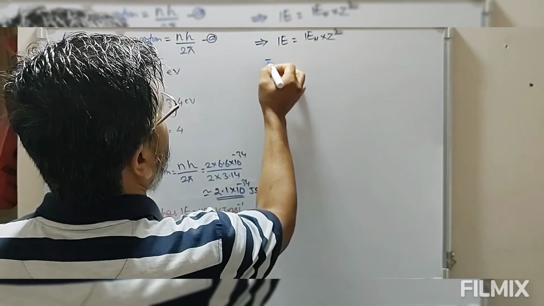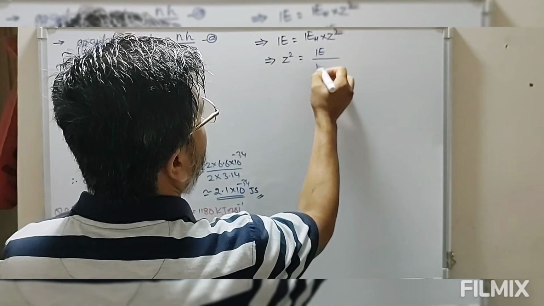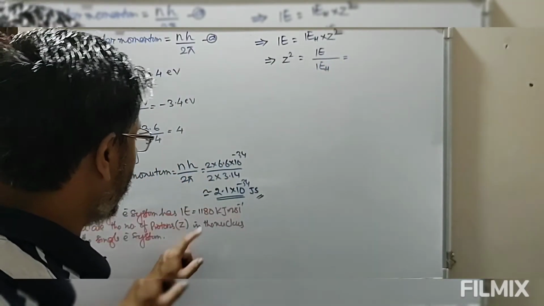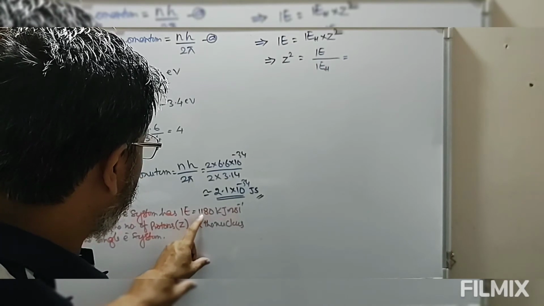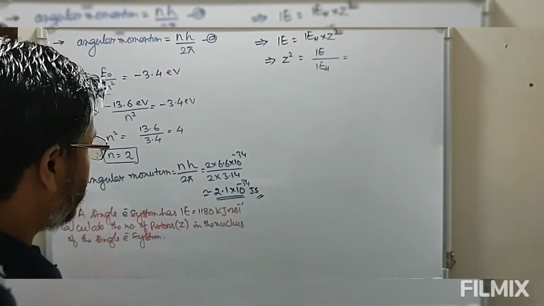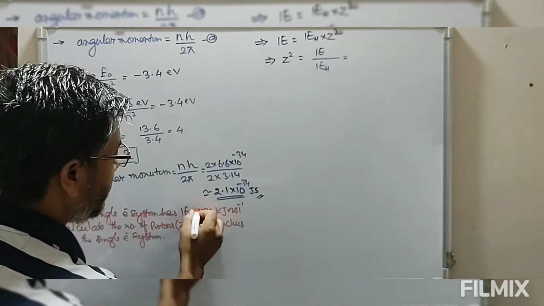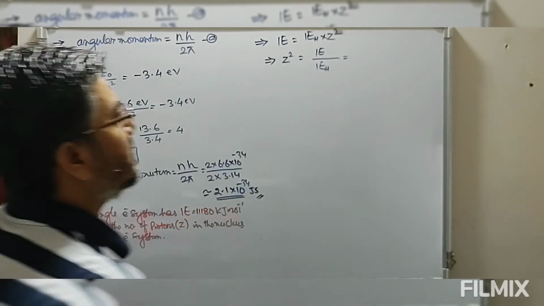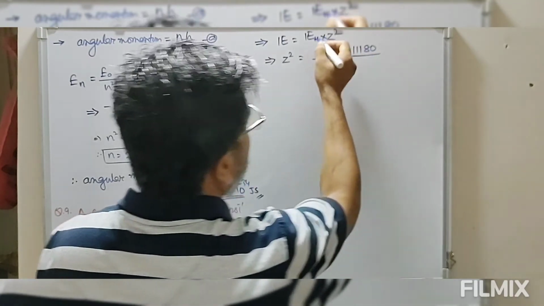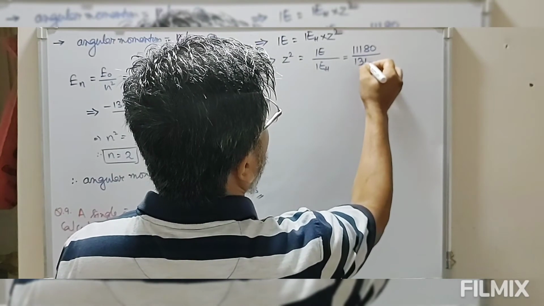Therefore, Z square is equal to the ionization energy of the system divided by the ionization energy of hydrogen. So the ionization energy of the single electron system is 11180, divided by the ionization energy of hydrogen in terms of kilojoule, which is 1312.